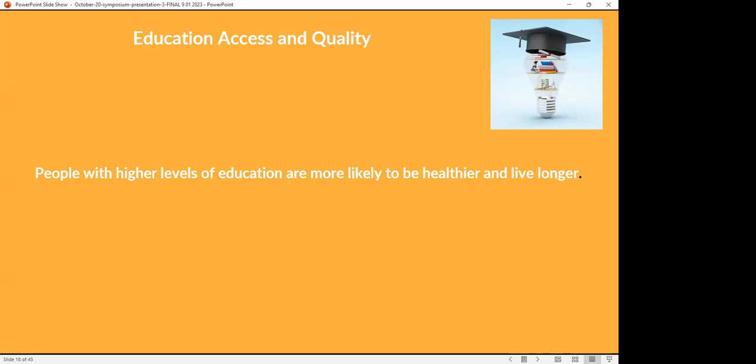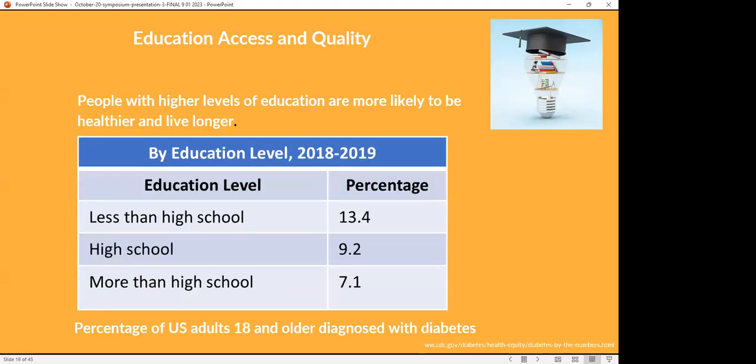So here we have people with higher levels of education are more likely to be healthier and live longer. And here is another graphic, just as I showed you the one with income.